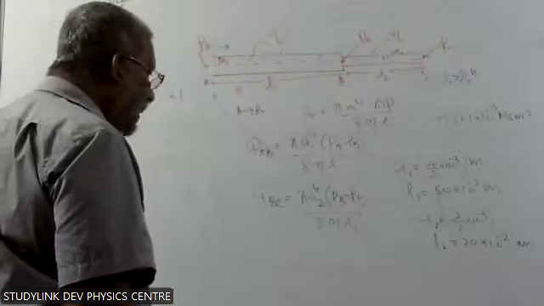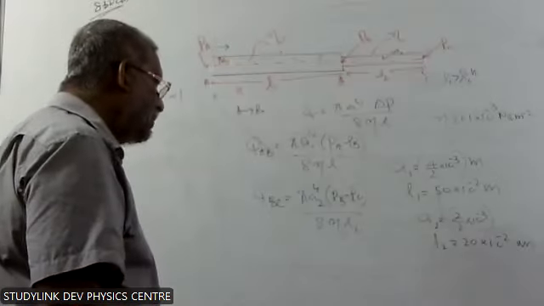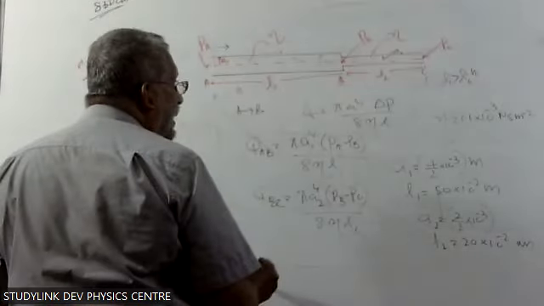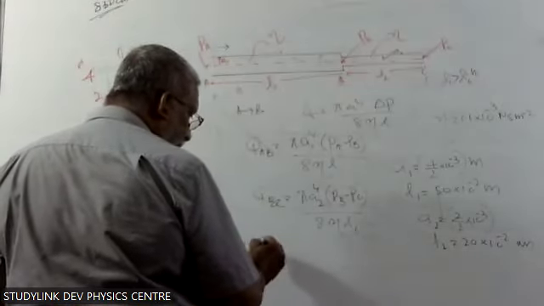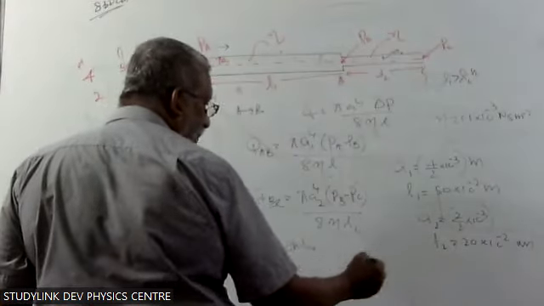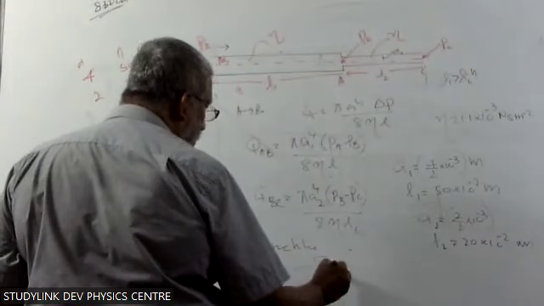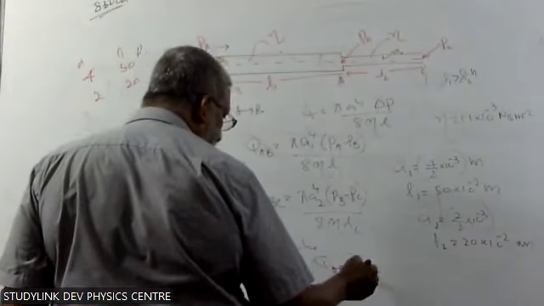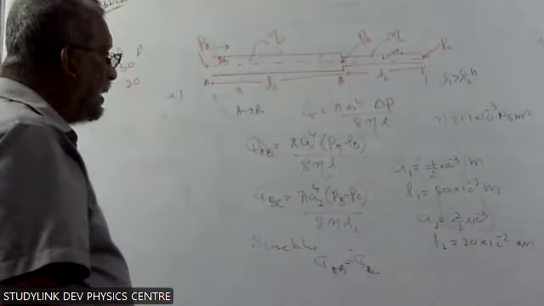I have to multiply by 10 to the power minus 2, or divide by 10 to the power 2. Now, since the rate through each tube is the same, that means QAB is equal to QBC. This statement is needed when you write this and equate these two.